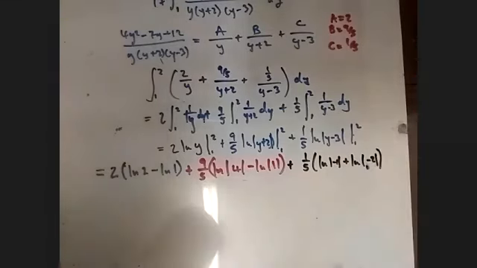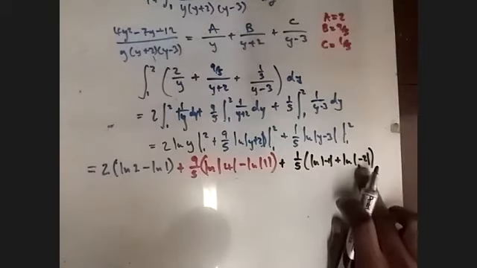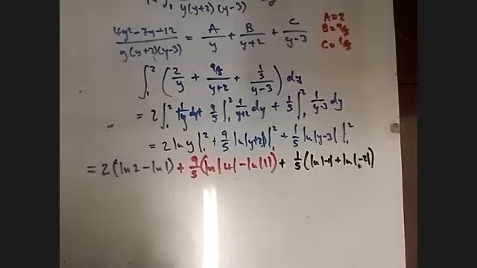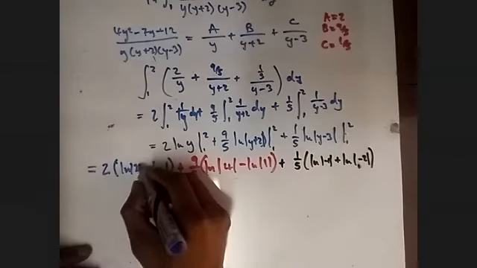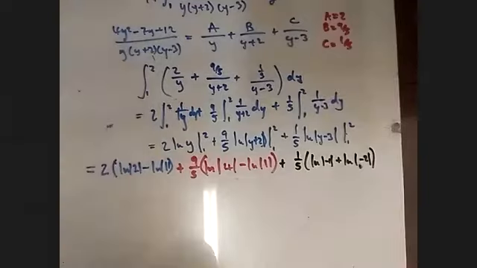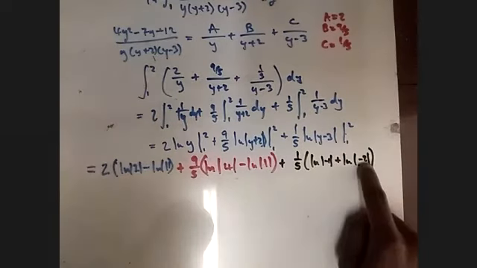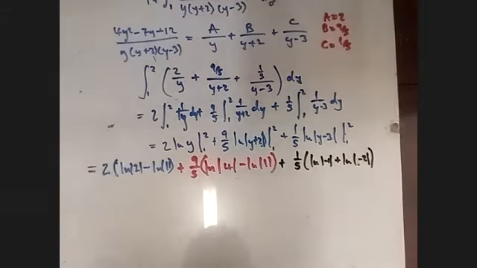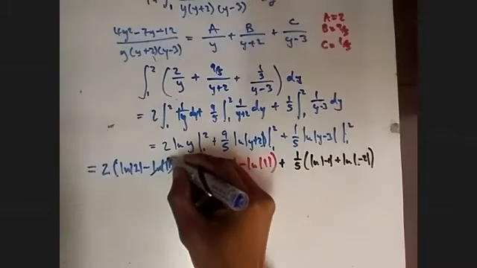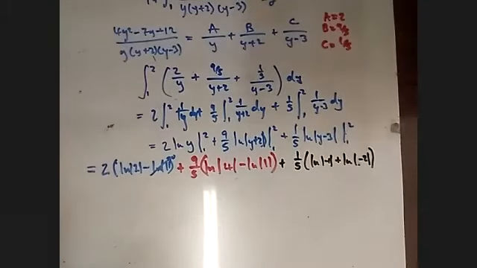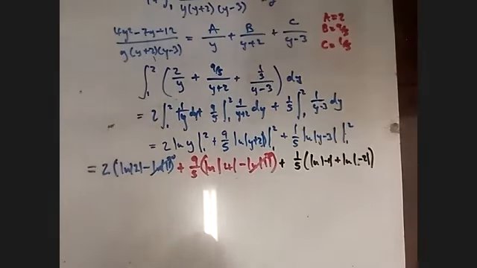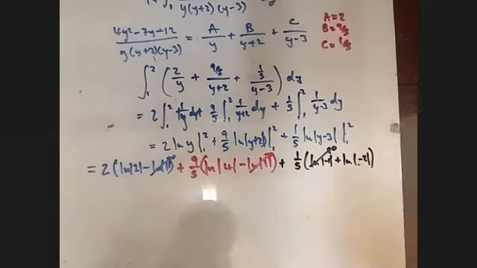But remembering, these are absolute values. Also here, absolute. These are absolute values, which becomes ln of positive 2. It doesn't become ln of negative 2. But mind you, ln of 1 is 0. For consistency purposes, ln of 1 is 0.